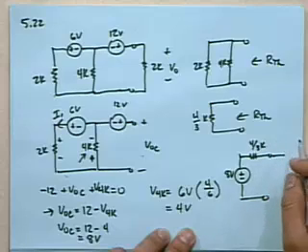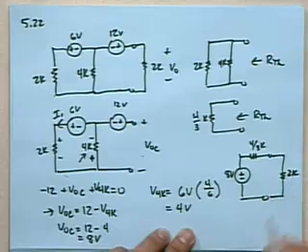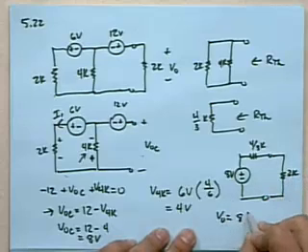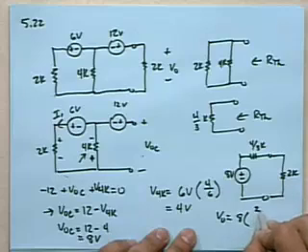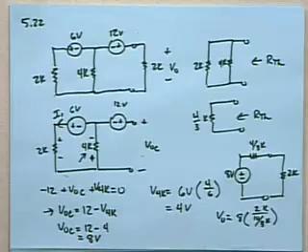Then we could hook back up our 2K resistor if we wanted to find the final voltage V0, and it would just be a voltage divider: 8 volts times 2 over, let's see, that's 6/3, 10/3 of a kilo ohm, whatever that wonderful fraction turns into numerically.